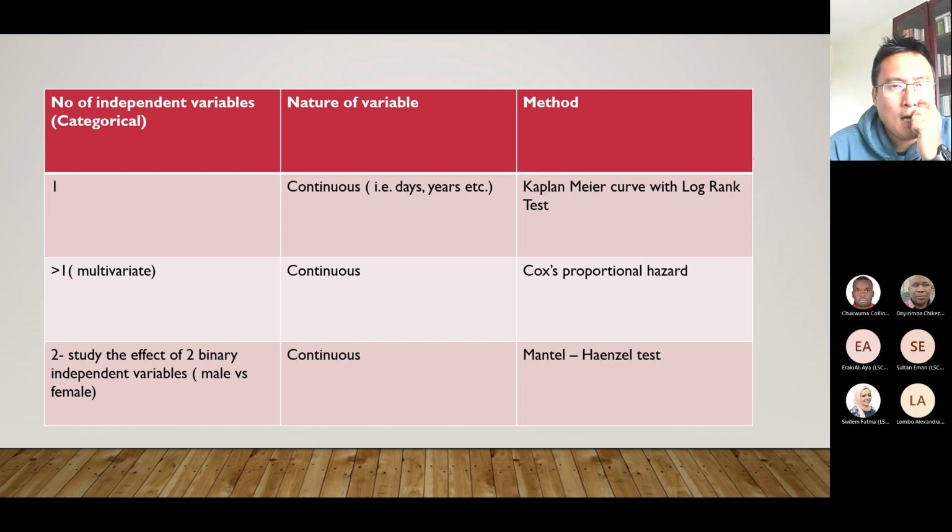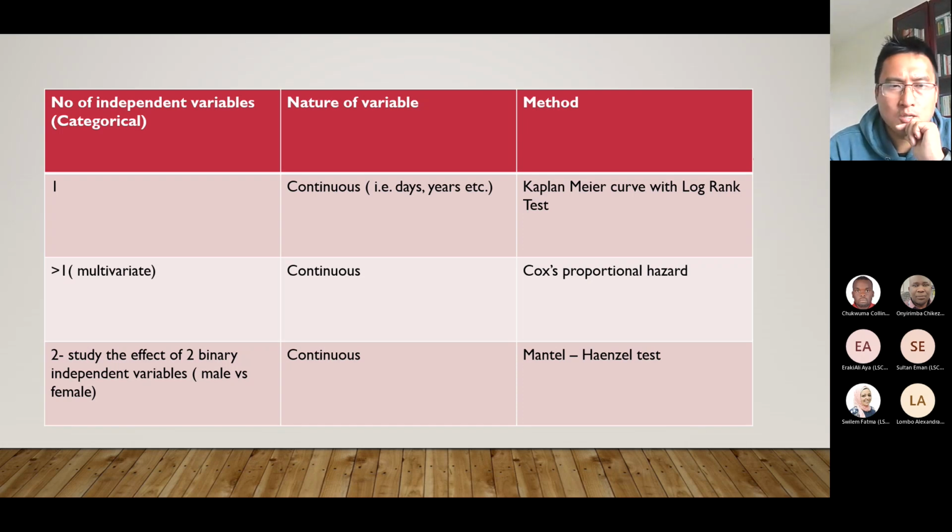Now these are some of the terms that literally you have to mug up. There's no easy way out. In the question they will just ask, in your study there is one independent variable and the nature is continuous. Which method would you use to address it? We have done the independent variable.